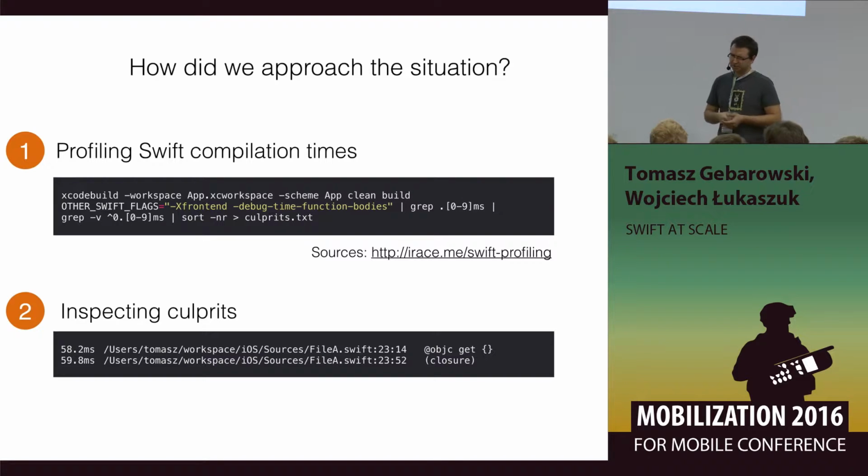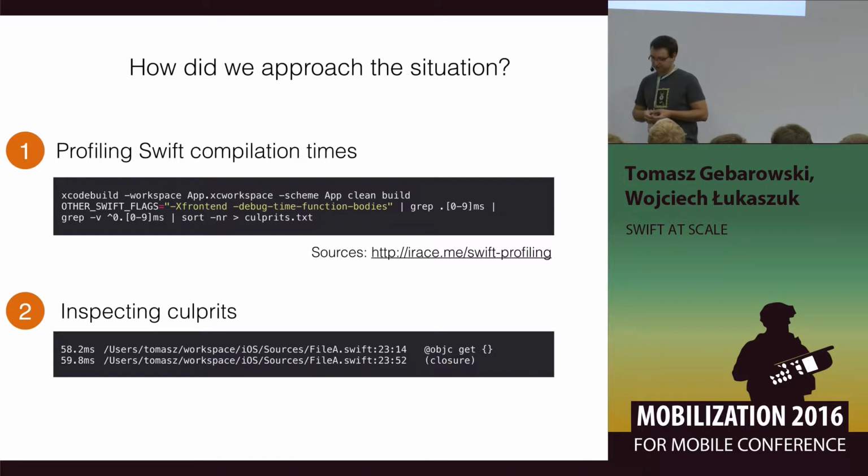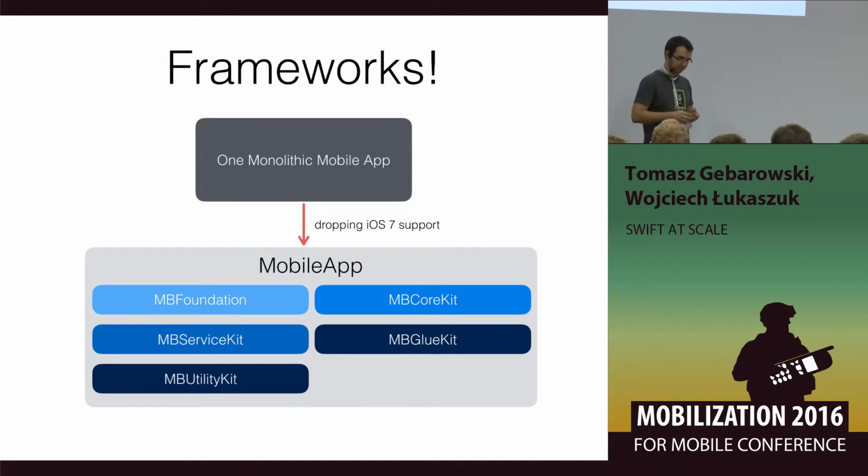In fact, we ran that script and we found some potentially dangerous functions that took a bit longer to compile, but that was not enough to fix our problems. It was a small percent. It didn't help. So the only solution was introducing frameworks.